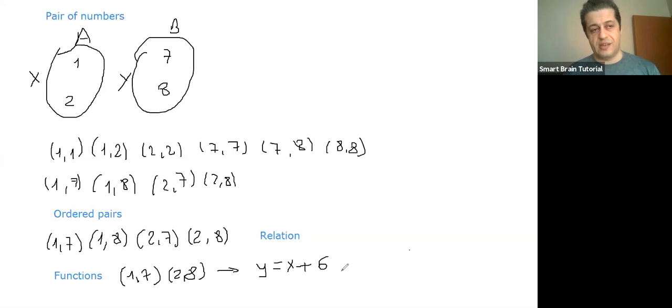Because 7 is 6 greater than 1, we connect 1 and 7, and we connect 2 and 8. In this way, we form a special relation that is known as a function. So a function is a special relation, and we will deal only with functions in our course here.